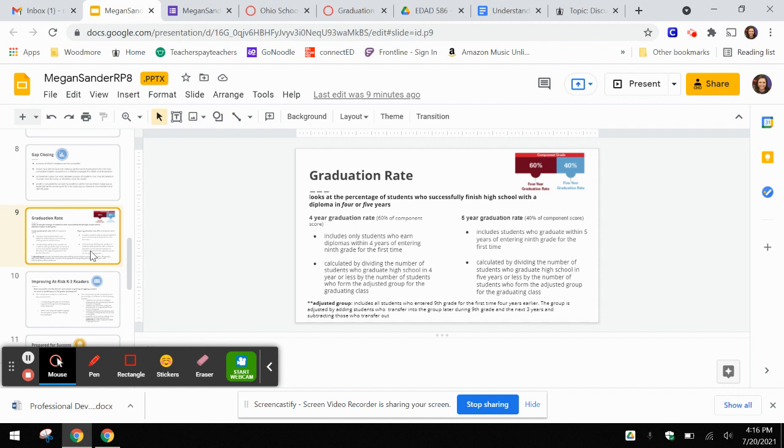And something that you'll see in both of those explanations is the mention of a term called the adjusted group. So I included some information down at the bottom about the adjusted group so you just have an understanding of what that means and how students are included in the adjusted group. Again, I'm not going to spend a lot of time on this.